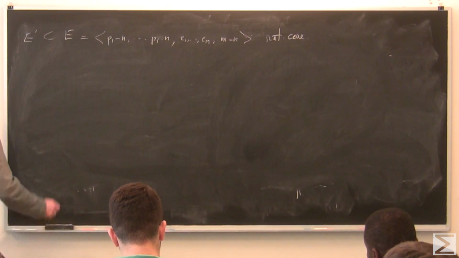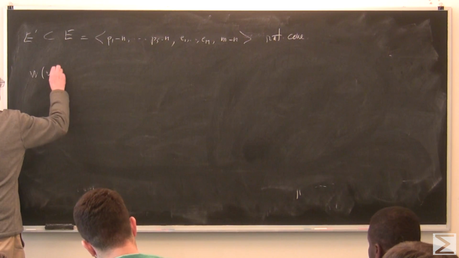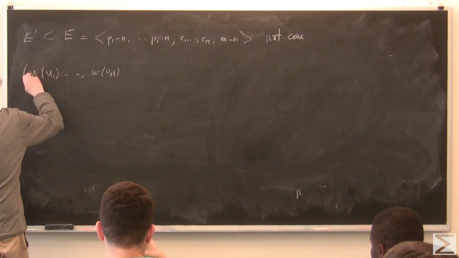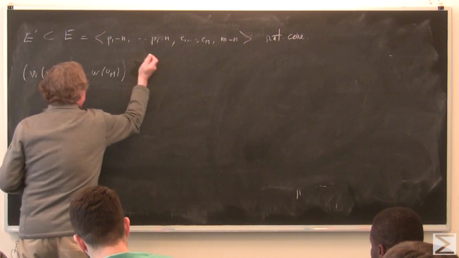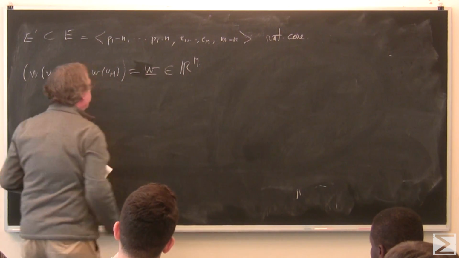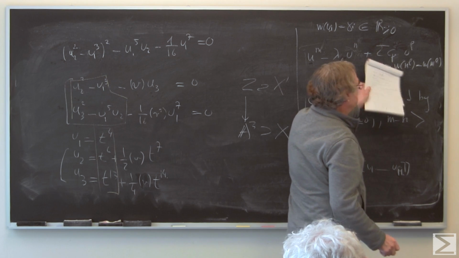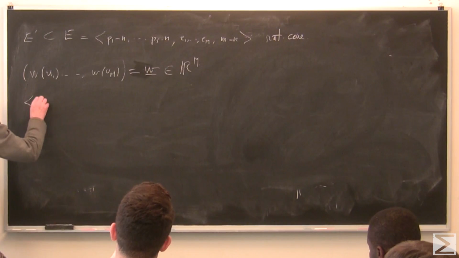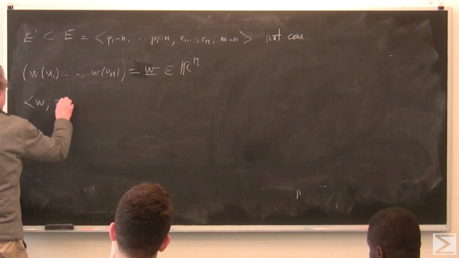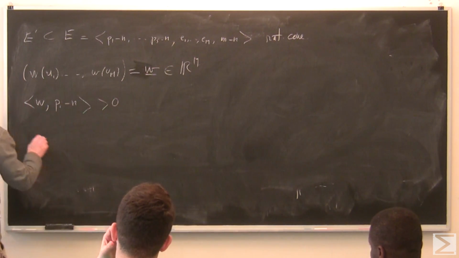Now, my weight gives me a vector. I look at the vector W of U1, W of Um, and this gives me a well-defined vector, which I call W underline, in Rm. And by assumption, the scalar product of W and all the Pi minus N is strictly positive.